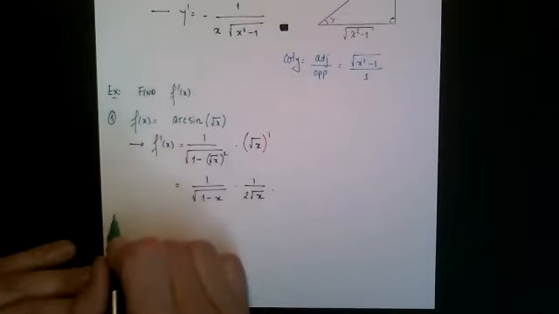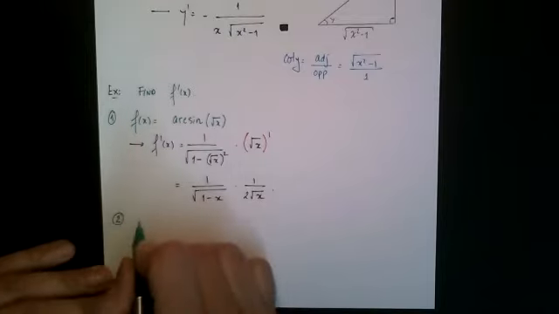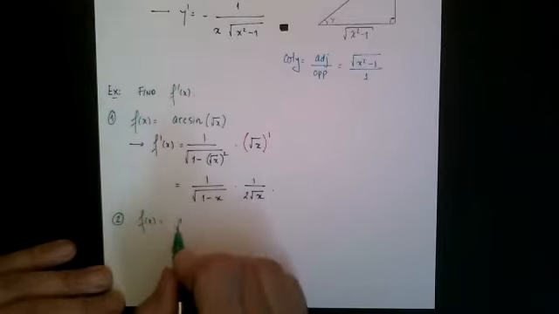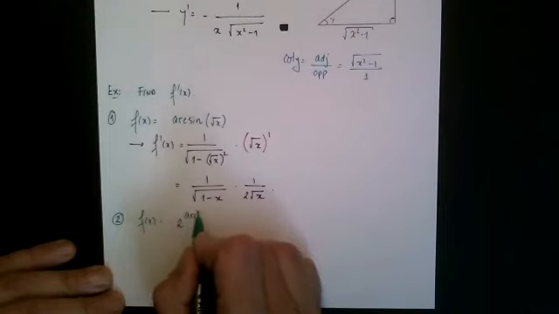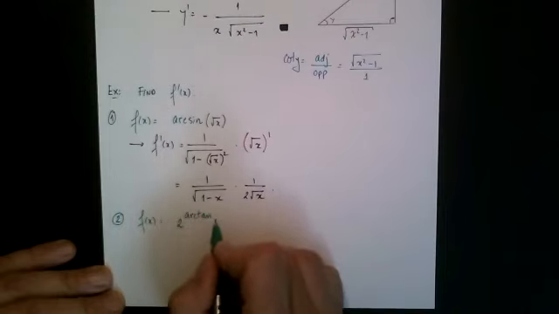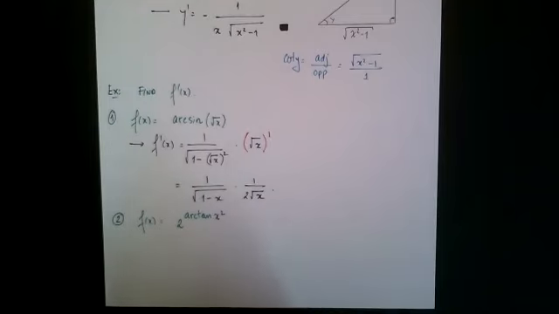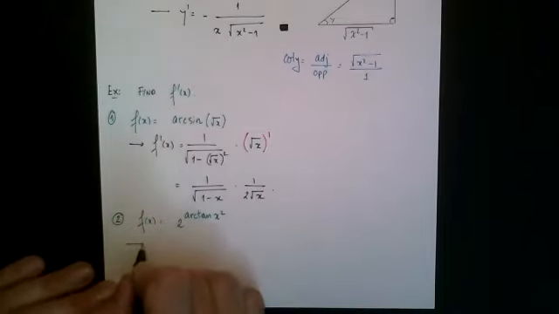Number 2. Let's say f of x is 2 to the power of the arctangent of x squared. Okay, so let's go.